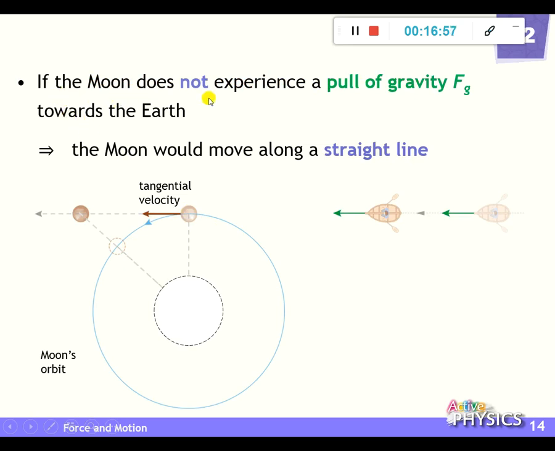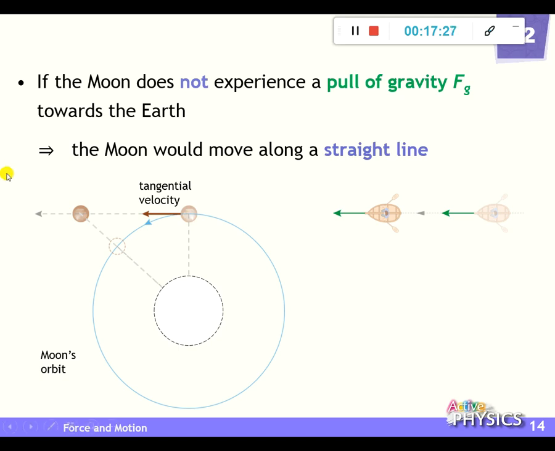If the moon does not experience a pull of gravity, then what will happen? Exactly the same as the last topic, chapter 11, circular motion. Without any tension acting on the metal ball, it has its inertia. It tends to move in a straight line, go straight, okay, because the first law keeps it in its initial state.